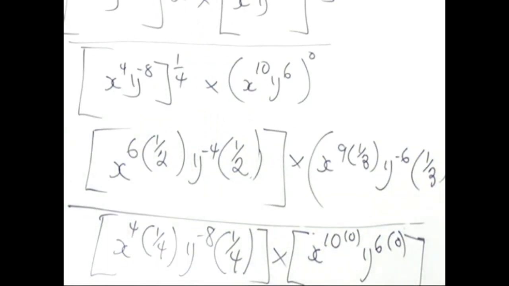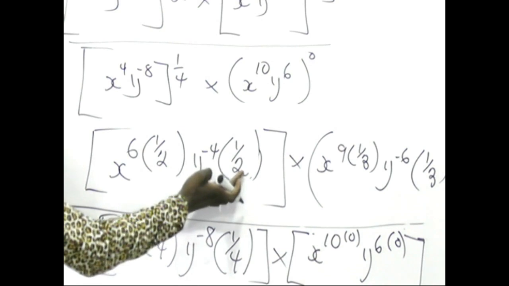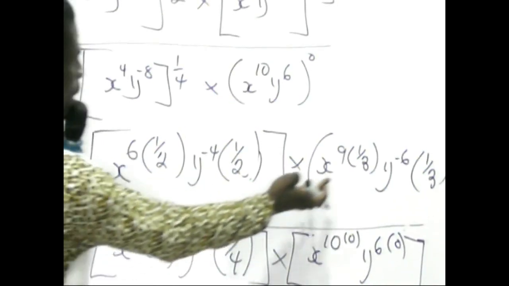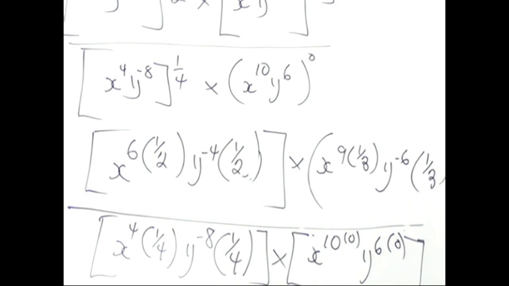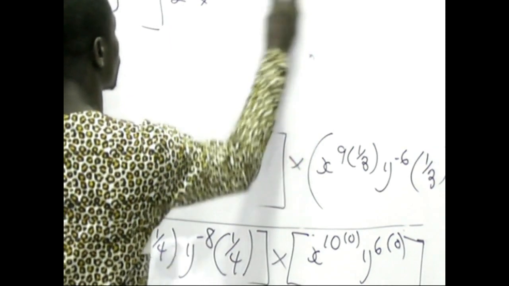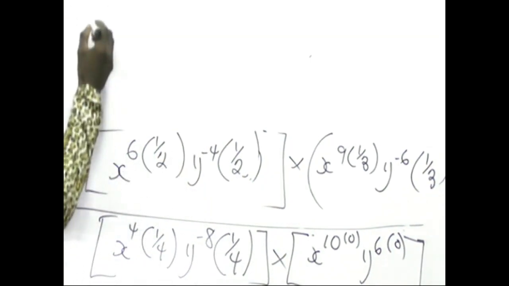So we have that. Now that you have that, you can simplify it. Half of 6 is 3, half of -4 is -2, half of 9 is 3, and so on and so forth. So let me clean the top. I am going to have x cubed, then y^-2.